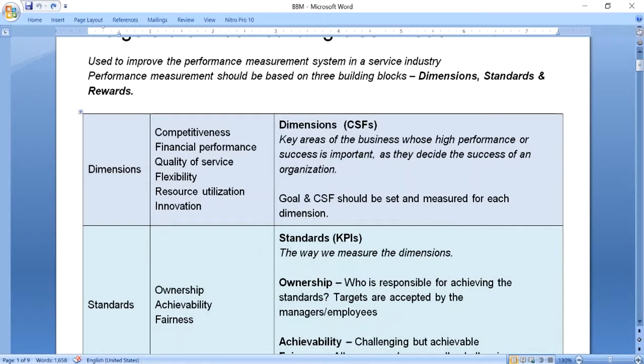So that means for each of the dimensions of the company's goal, you have to set the goal, you have to set the critical success factor, and you have to measure all those success factors for each of the dimensions. So very easy thing. So when you are thinking about dimensions, you should think of critical success factors.